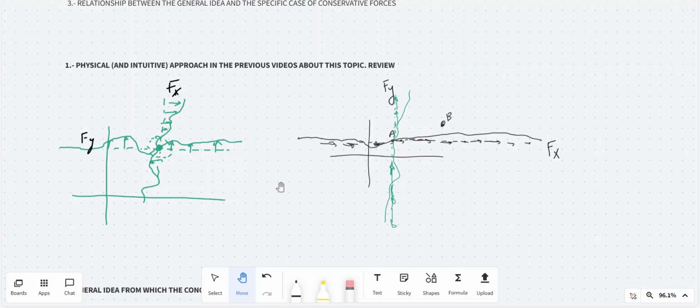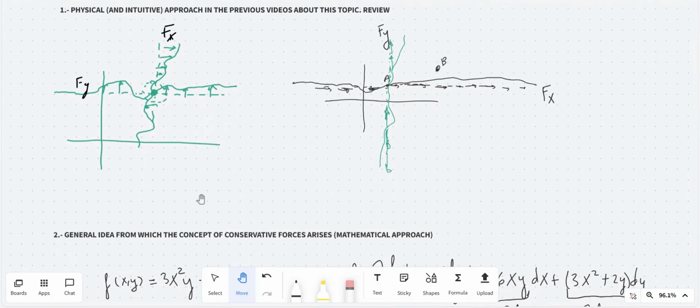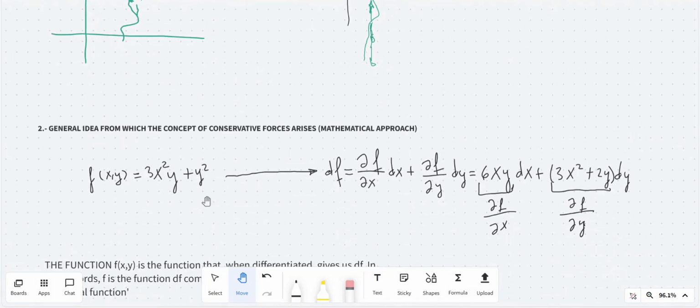The only thing before moving to the second point is that only the left case scenario was the only one that was considered important to determine if a force is conservative or not. The right one didn't have any influence. Again, if you want more information about this first point, I recommend you watch the other videos, okay?